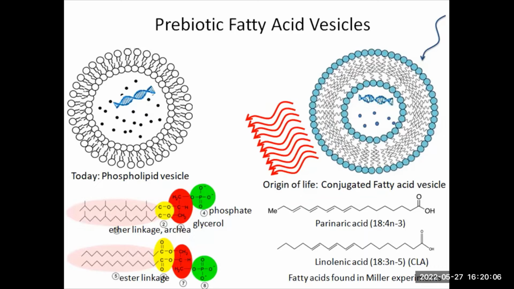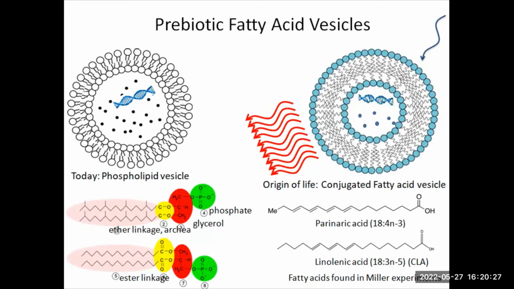And most of the other organisms today, which are in more neutral environments, are made up of ester linkages. But as I mentioned, these are rather complex molecules, and it would be difficult to imagine how they came about at the beginning of life through abiotic means.